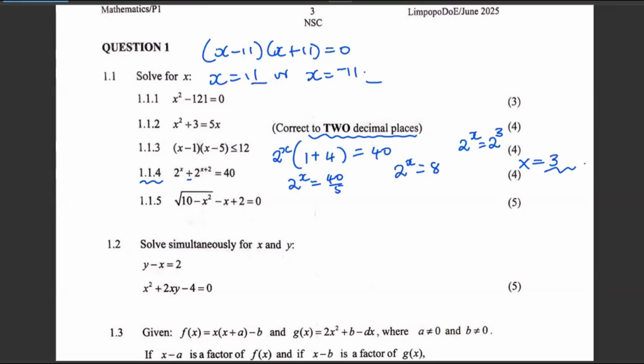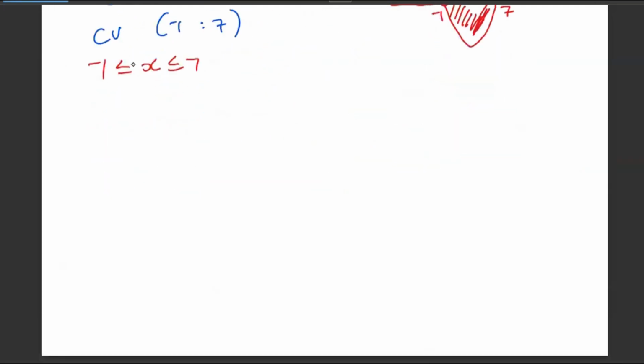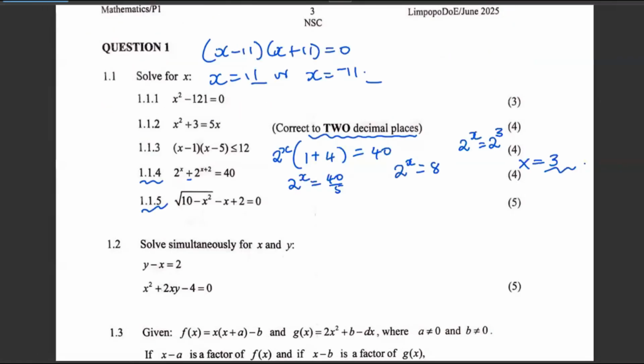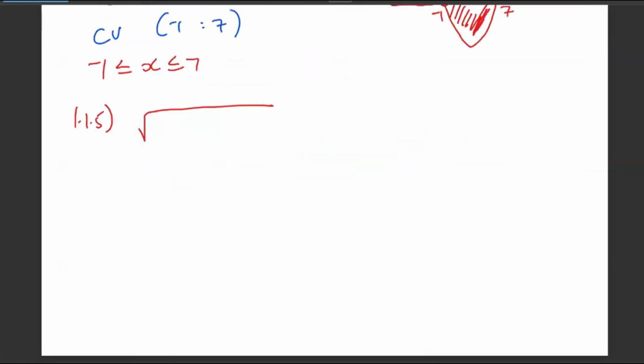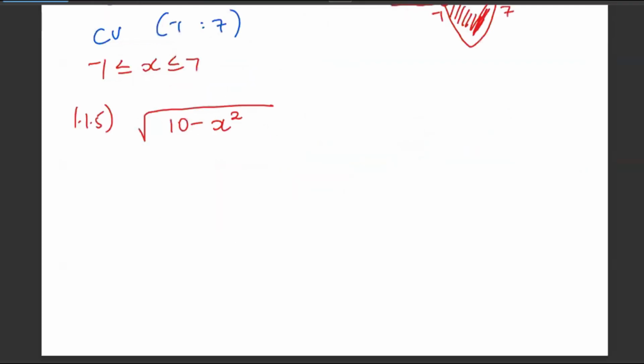That's wonderful. Then question 1.1.5, we have the square root of 10 minus x squared, we are subtracting x, we are adding 2, and then we are equating to 0.